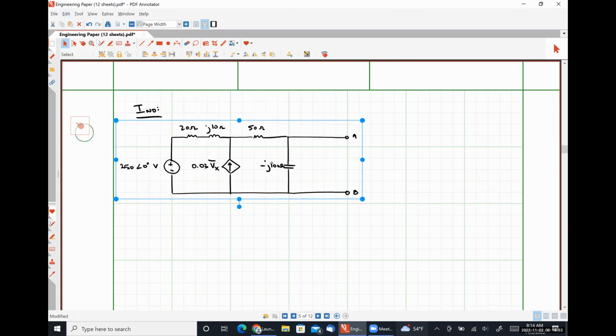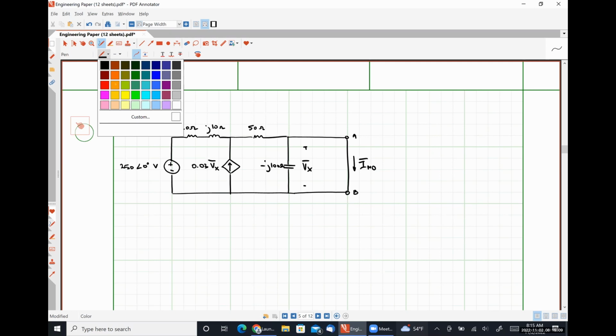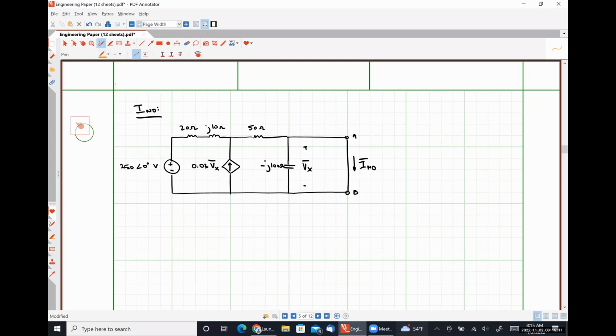So here is my original circuit, except that I forgot to put Vx on it. When I short circuit these guys, my Norton current is the current flowing through the short circuit. What does this force Vx to be? Which means this current source here is effectively an open circuit.